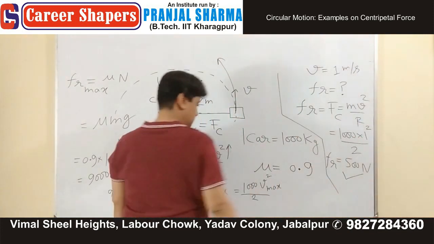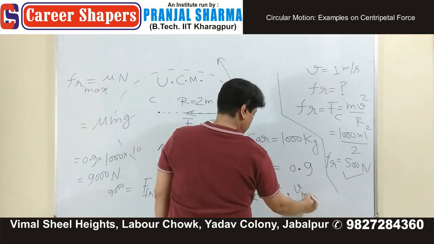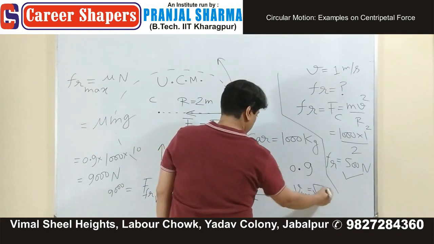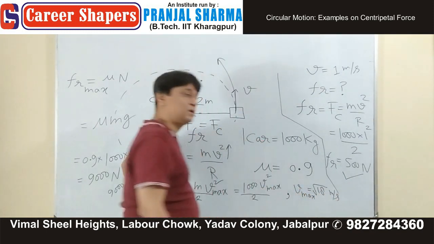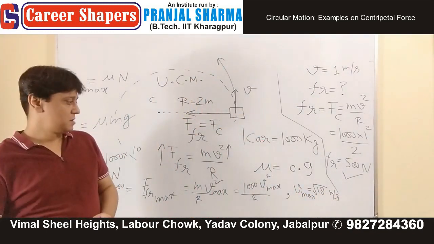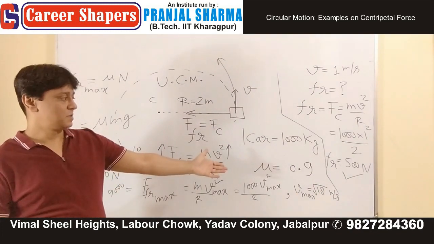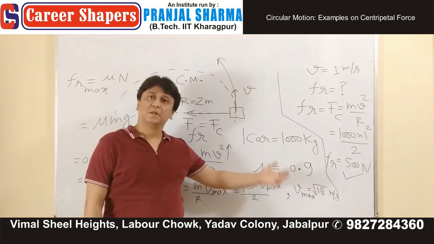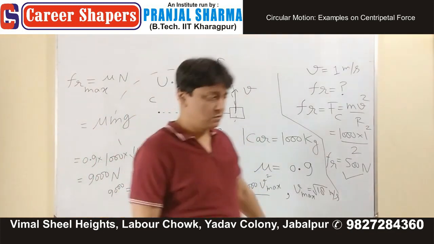So your V max is coming root over 18 meters per second. This is the maximum safe speed which the car can have on this road. Note down this.